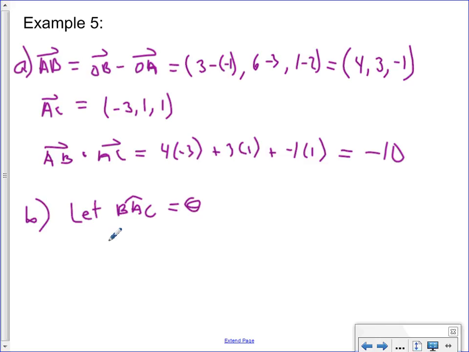Good morning. So let's just call that theta, right? We also need to know the magnitude of AB, which would be the square root of 16 plus 9 plus 1.